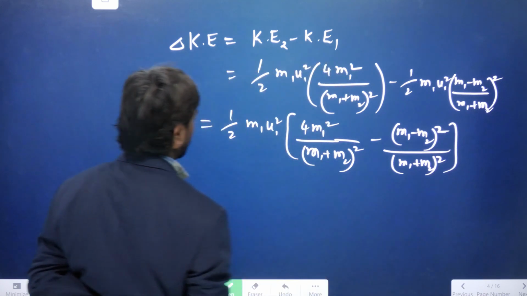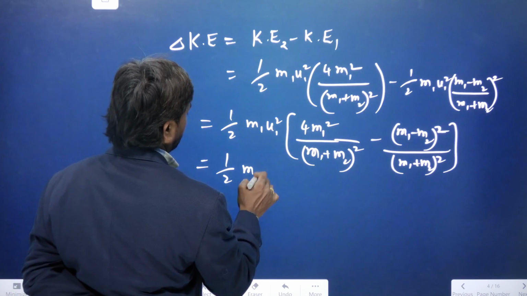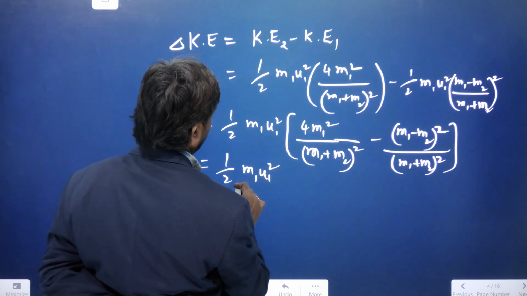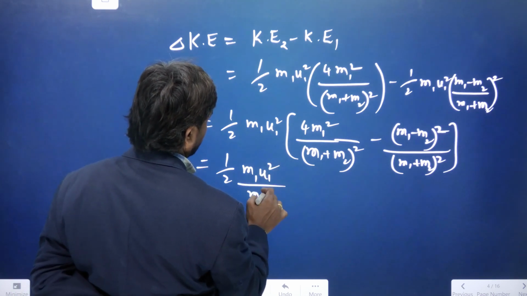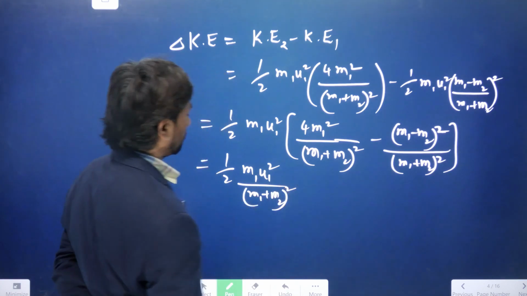Now from this even we can take half into m1 u1 square common, divided by m1 plus m2 also taken common, whole square.